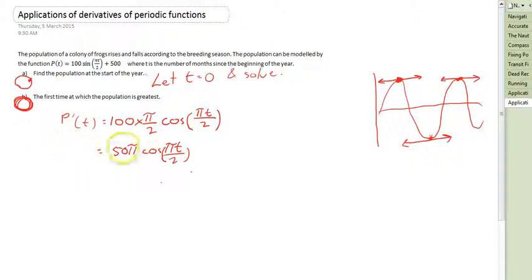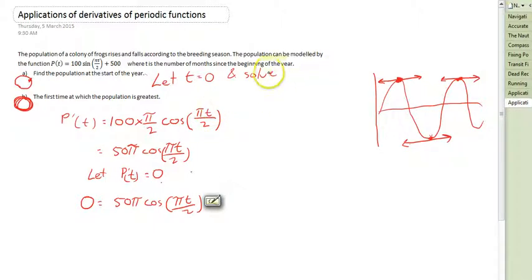Now that we know what the derivative is, remember we want to know a maximum, so we need to let our derivative equal 0. So let p dash t equal 0. So 0 equals 50 pi cos pi t on 2.